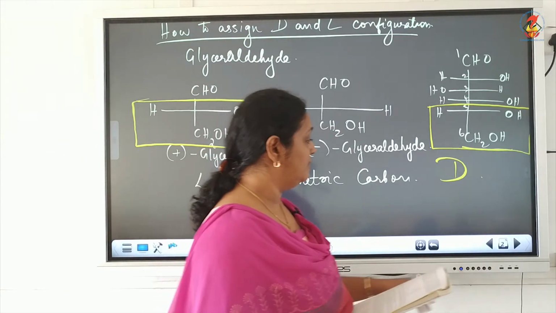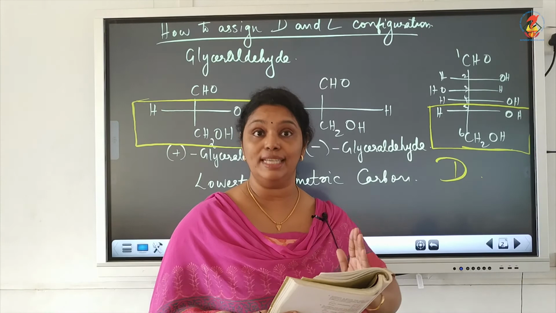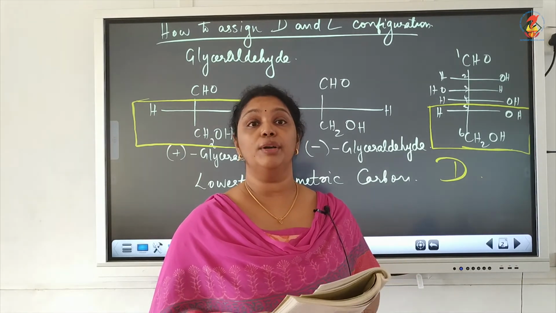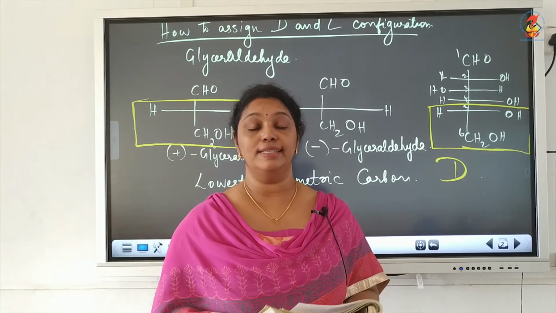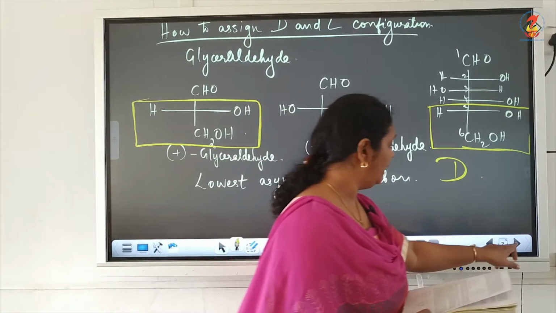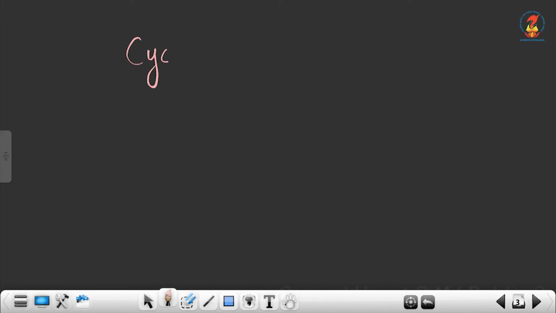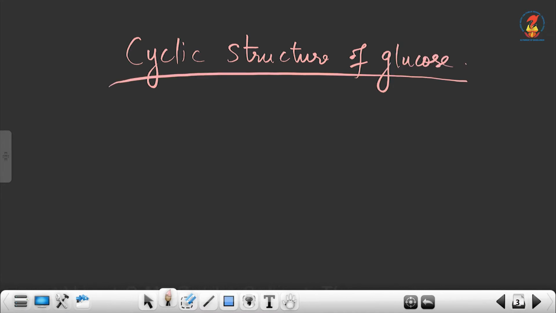Now, this is the Fischer structure of glucose, and the name of glucose is D plus glucose. Now we are going to see that there is another structure of glucose, that is the cyclic structure of glucose. So we had first the Fischer structure, the open structure, and now comes the cyclic structure of glucose.